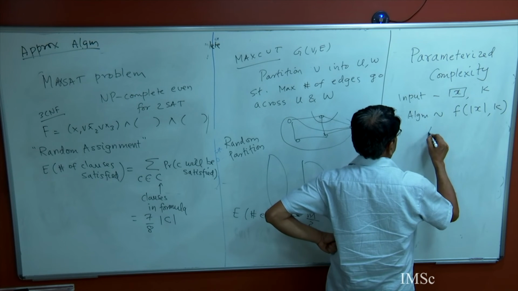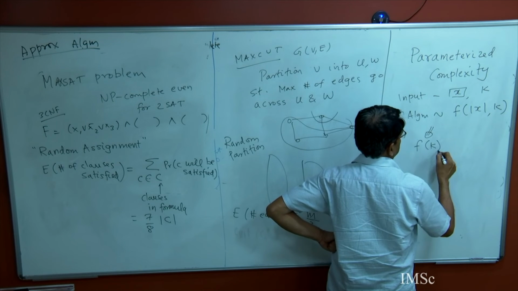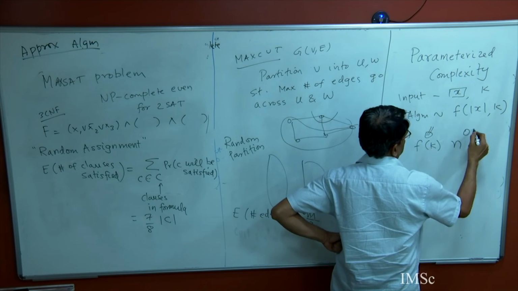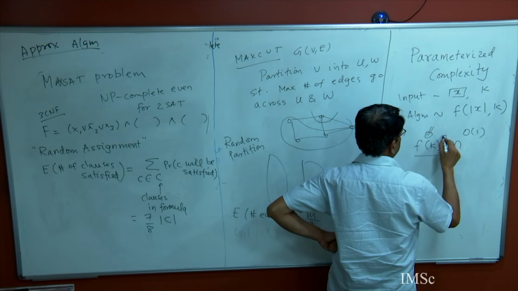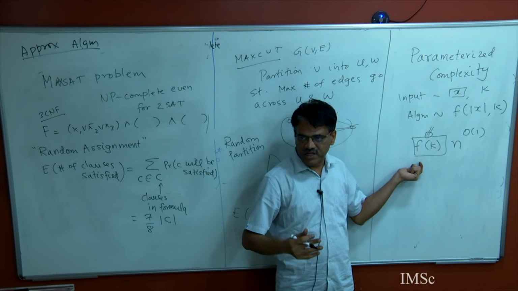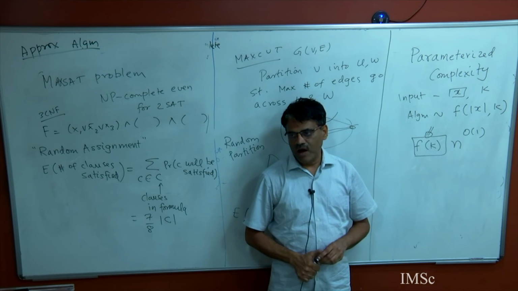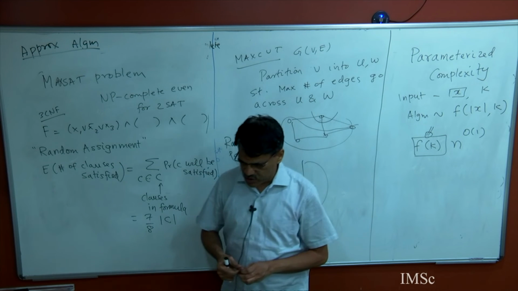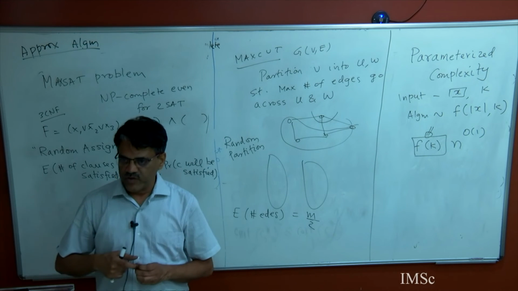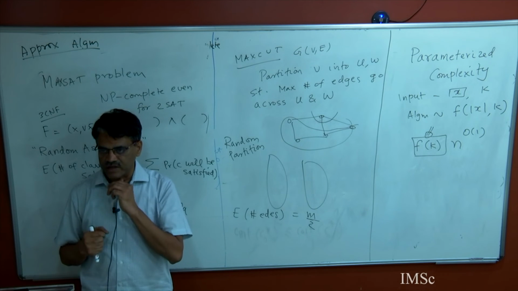In particular, we want algorithms whose dependence on the parameter could be pretty bad, exponential, double exponential, but which is polynomial time otherwise on the input size. So the idea is that if the parameter is small, you still have a decent algorithm.